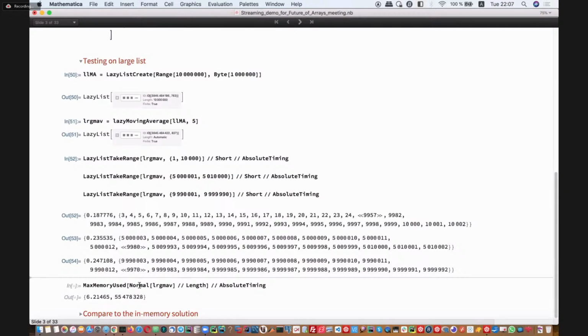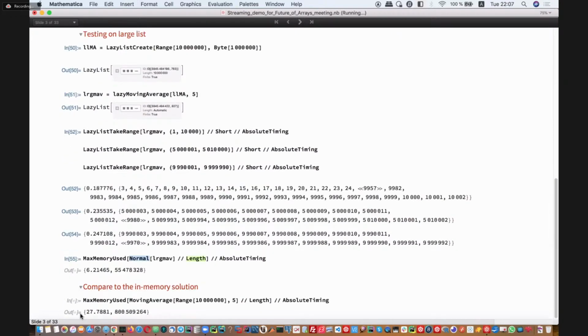I get it. And if you look at the max memory use for the entire thing, now I'm making it normal, so it's all converted to normal, then it's like 8 seconds and about 100 megabytes.